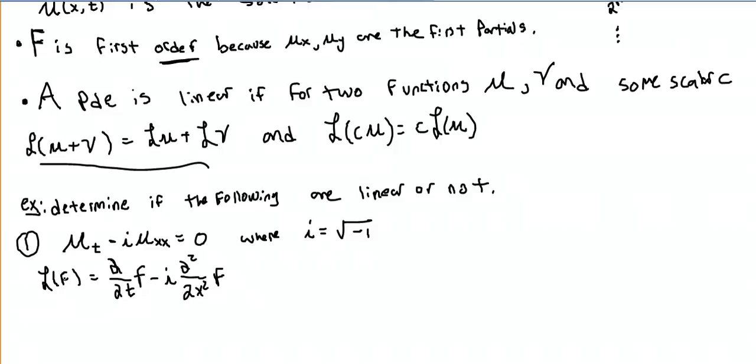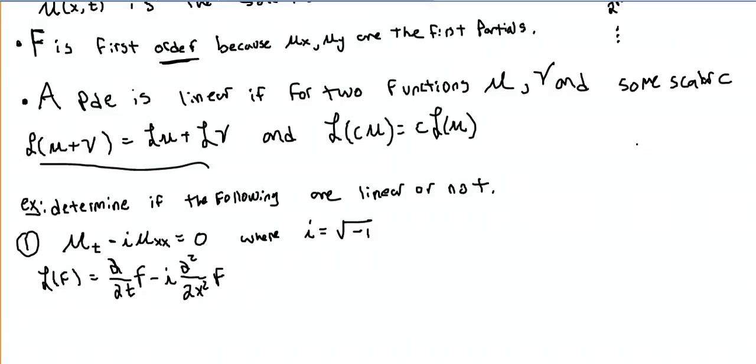So whatever function f I decide to plug into here, it will be equal to the partial with respect to t of the function f minus i times the second partial derivative with respect to x of the function f. Okay, so I want to show this right here.